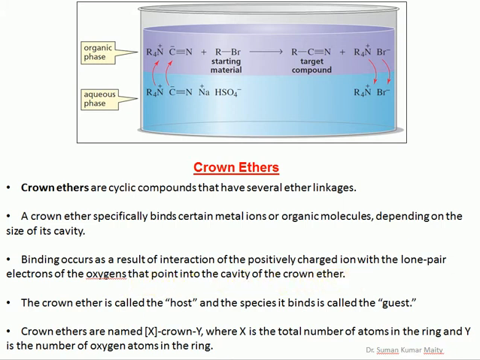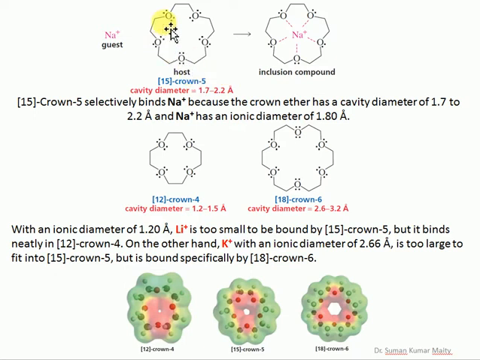If I show you a picture of a crown ether, suppose this is a crown ether, this is called 15-crown-5. I will tell you what this 15 and 5 means. You see here the oxygen atoms in the cyclic compound, their lone pairs are pointing towards the cavity of the center.